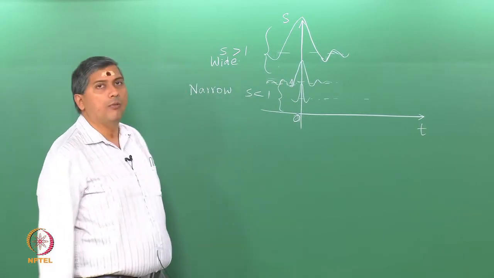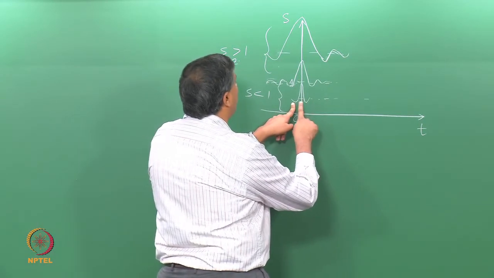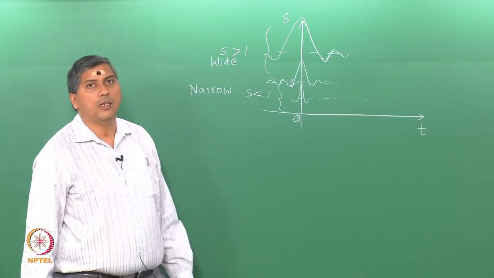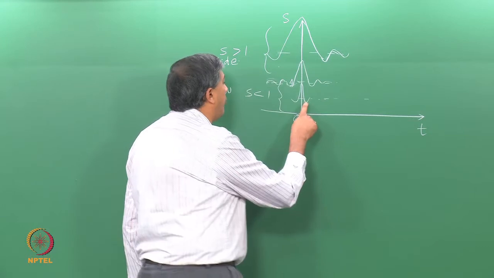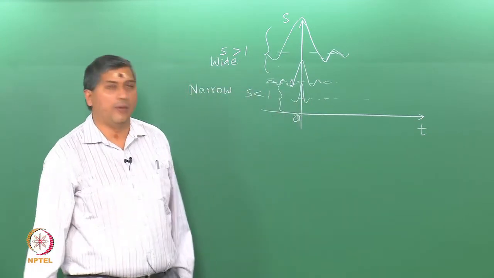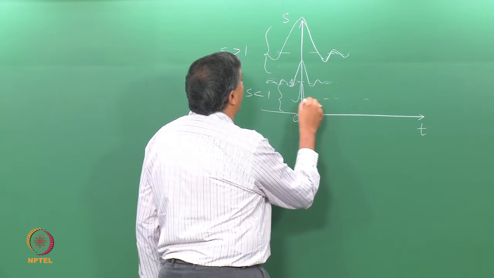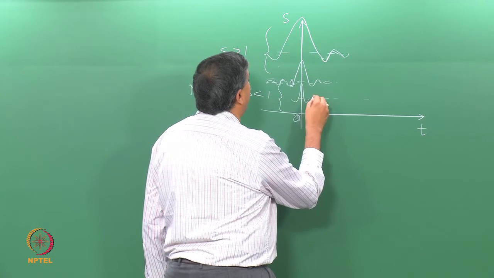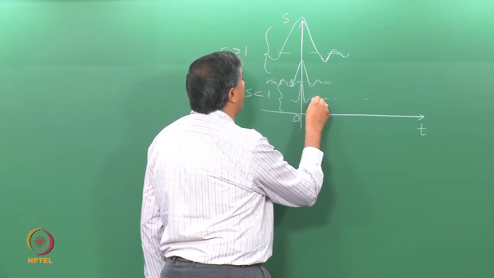Now, in DWT, at any scale we are not going to march ahead in time over an arbitrary step size, but we are going to choose a step size proportional to the width of the wavelet. That is the prime difference. So, if I look at this wavelet, I would choose the next center somewhere here.